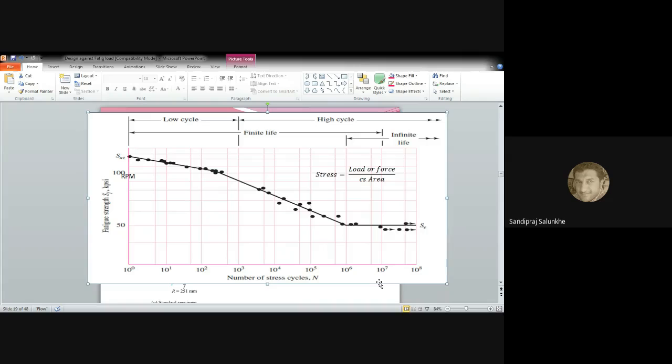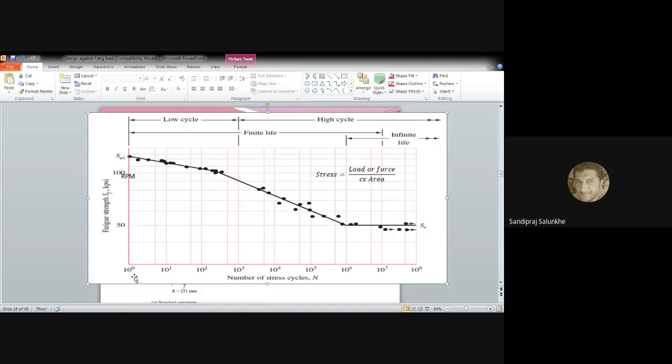So on log scale, that is on x-axis, you are going to mention that numbers on log scale. So you can see here, it is 10 raised to 1, 10 raised to 2, 10 raised to 3, 10 raised to 4, 10 raised to 5, 10 raised to 6, 10 raised to 7, 10 raised to 8. That many number of cycles are mentioned with this short length of this axis.